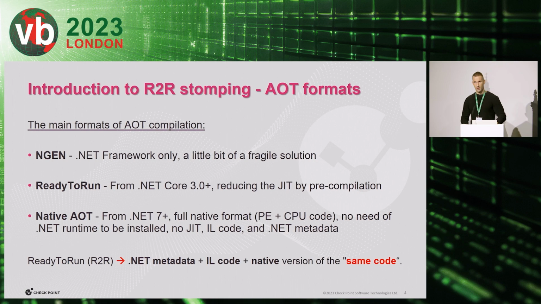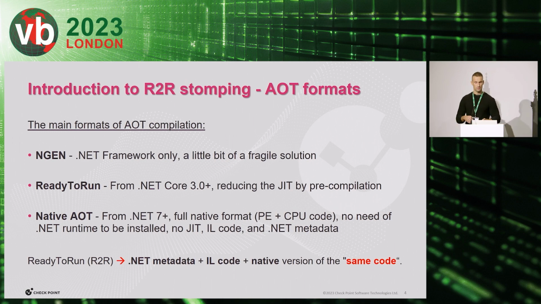Generally, ahead-of-time compilation formats try to reduce the usage of JIT or avoid the usage of the JIT at all. We have the main forms of ahead-of-time compilation formats. The first is NGEN. This is Windows-specific, .NET Framework only, and it's a little bit fragile solution. We also have the ReadyToRun form, which is also the main target of this presentation.